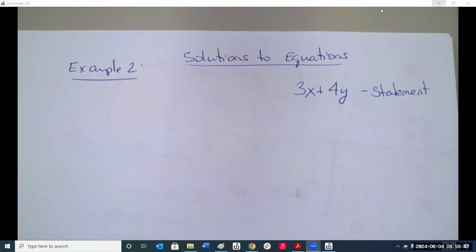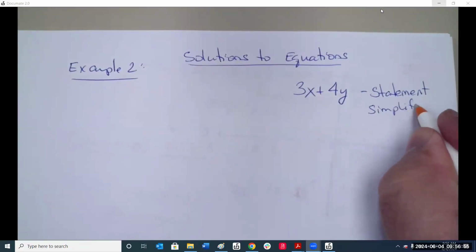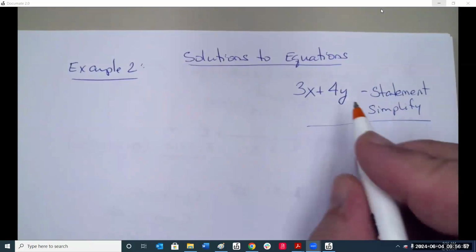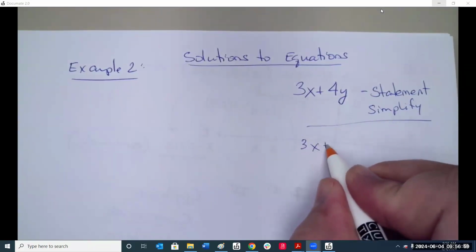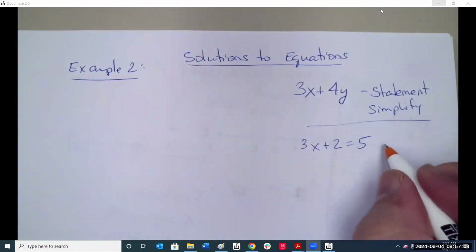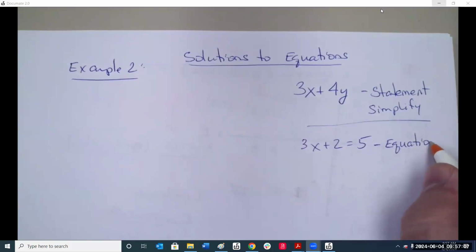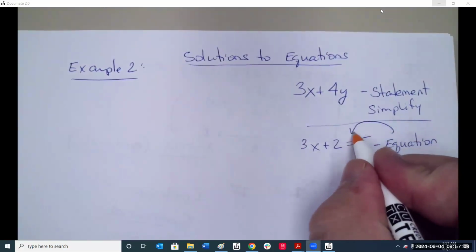It's called a statement. All you do with statements is simplify them. If it has an equal sign, those are equations, because it has an equal sign.